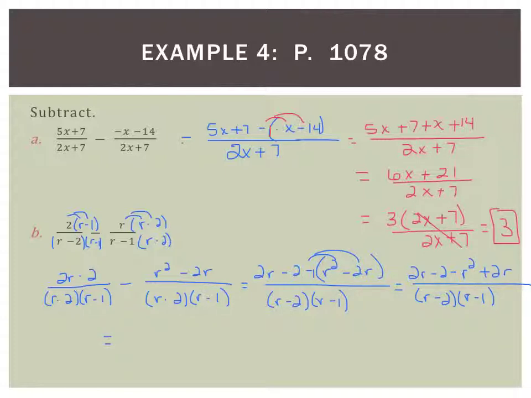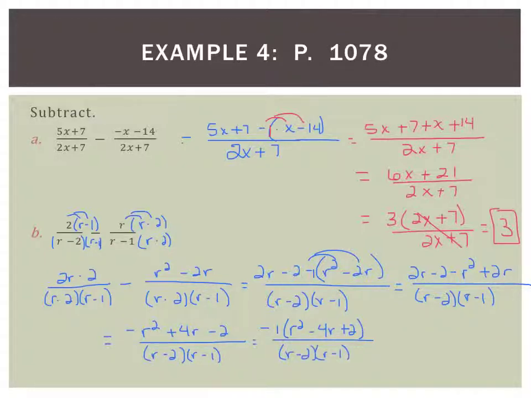So that would give me negative r squared, and then 2r plus 2r is plus 4r minus 2 over r minus 2 times r minus 1. Then if I factor out a negative 1, that gives me r squared minus 4r plus 2.